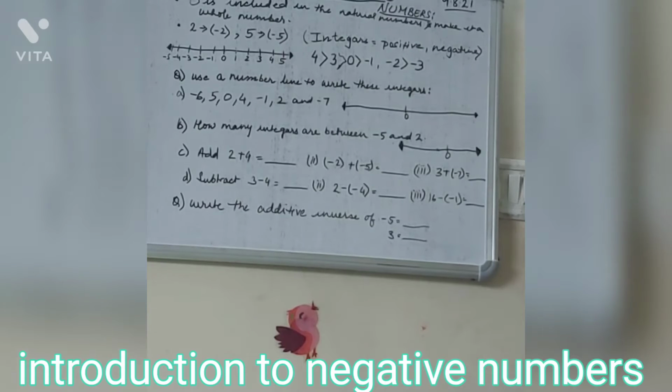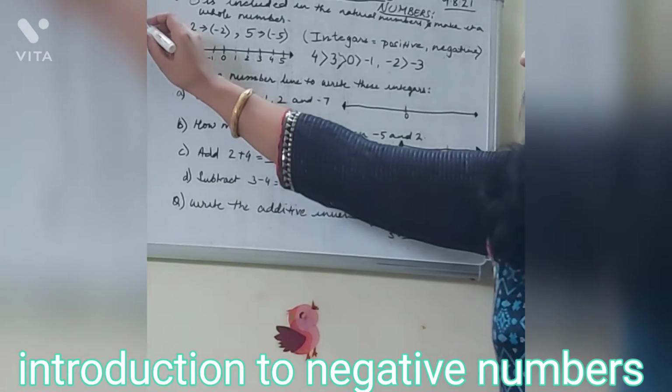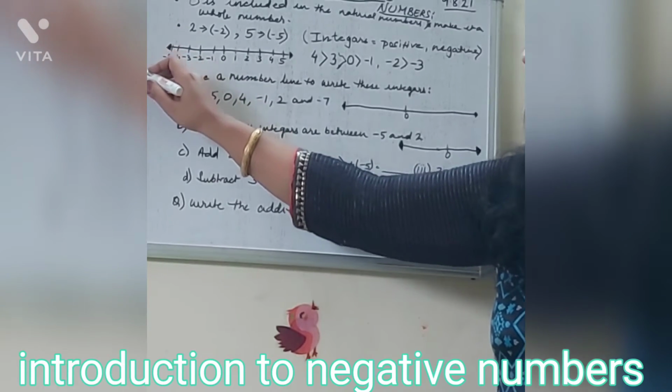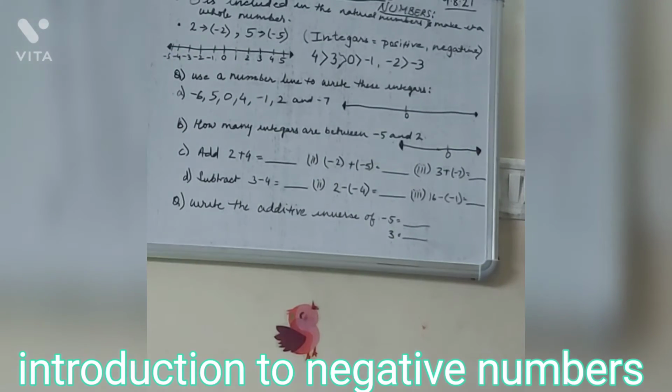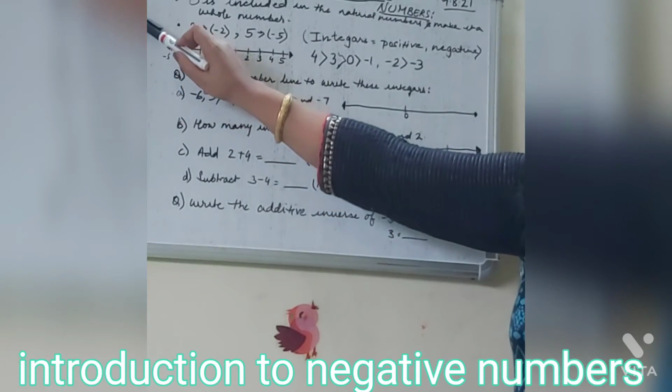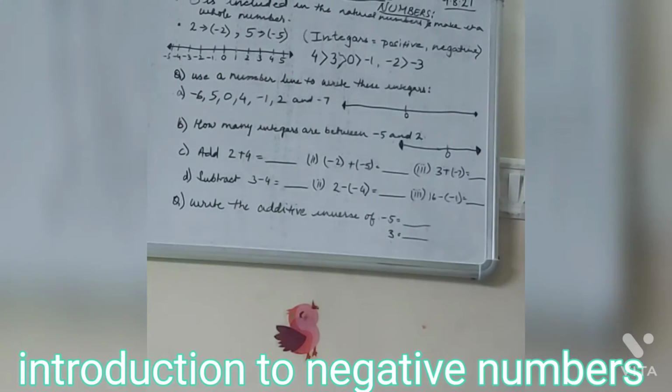Now, what do you see in positive integers as we move towards the bigger numerals like 1, 2, 3, 4, 5? 5 is bigger, 4 is smaller, then 3 is smaller, 2 is smaller, 1 is smallest, right?